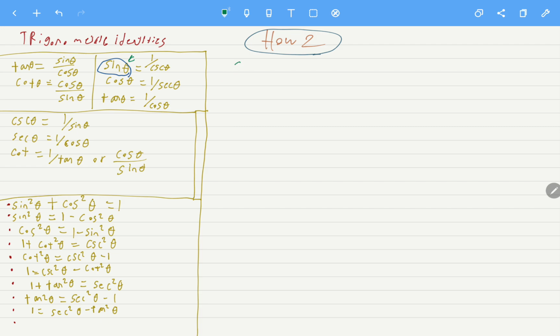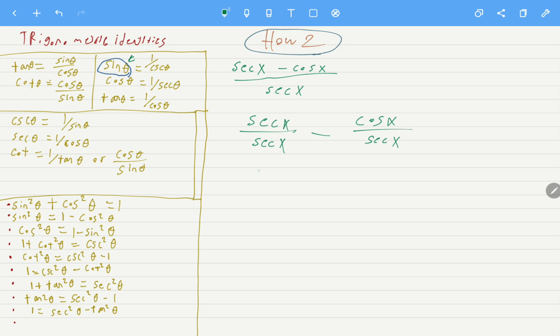So for example, if a test question gives you secant of x minus cosecant of x over secant of x, basically what it is telling you is you're splitting secant of x over secant of x minus cosine of x over secant of x.